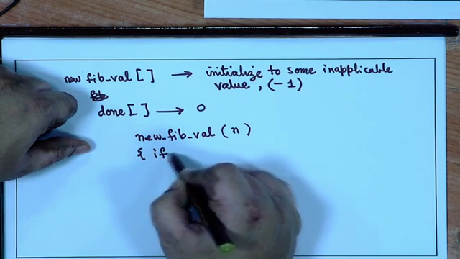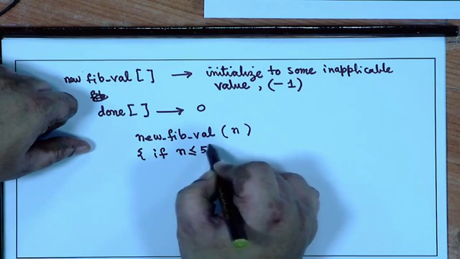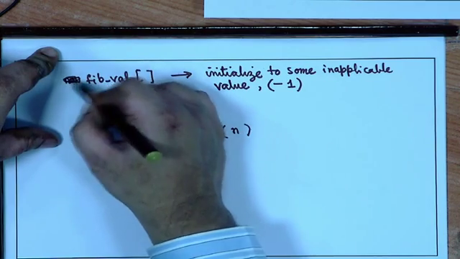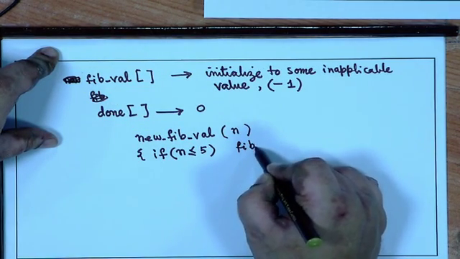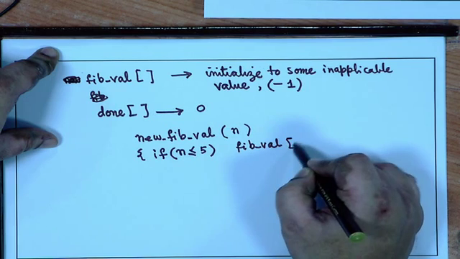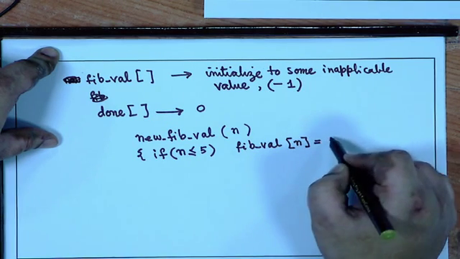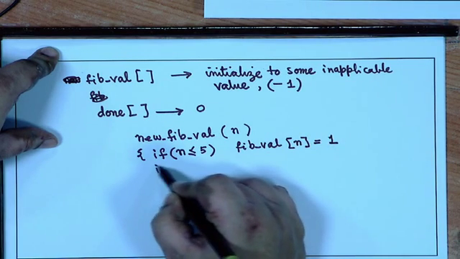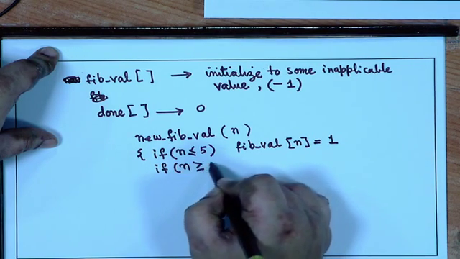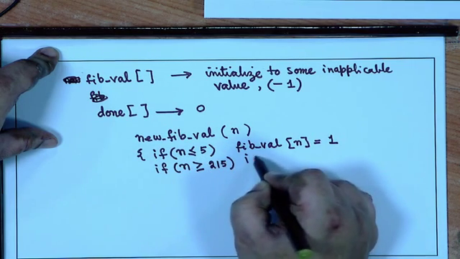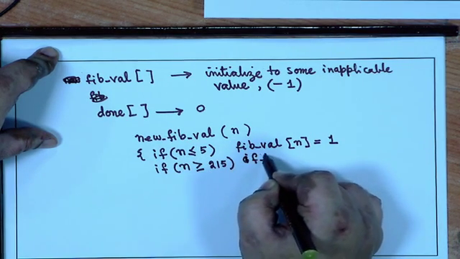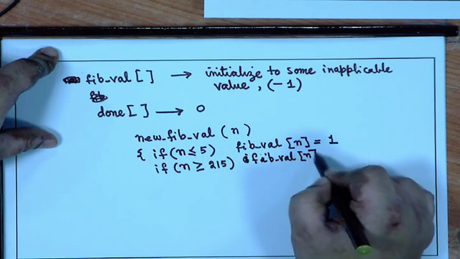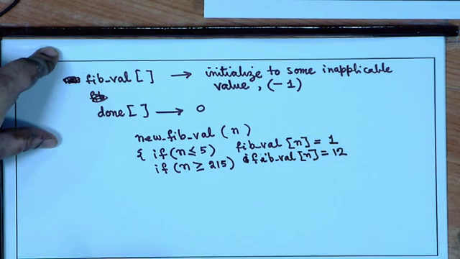If n is less than or equal to 5, then the fib_val array at n is assigned 1. If n is greater than or equal to 215, the fib_val array at n is assigned 12. That was our definition.